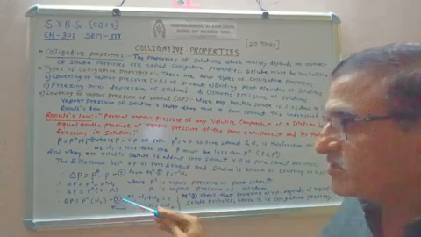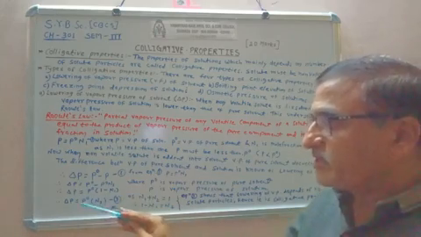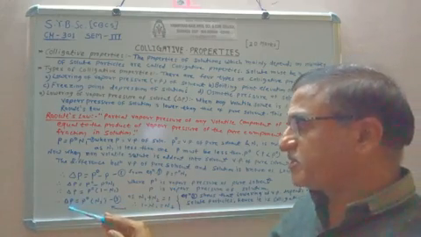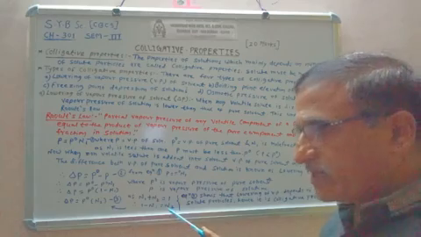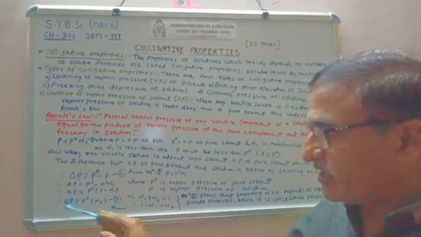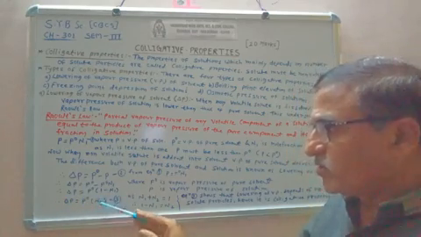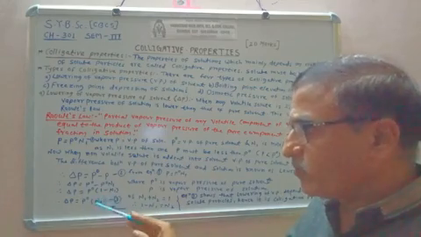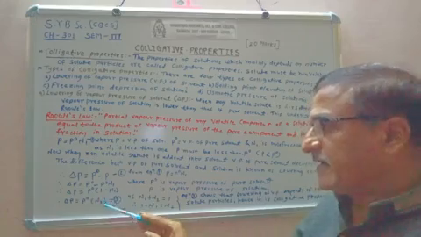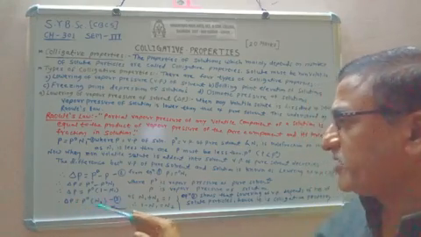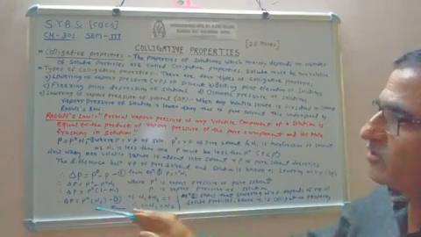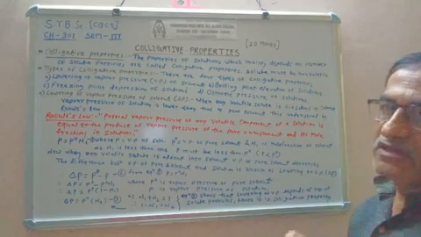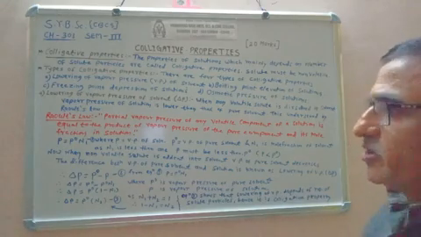So from equation 3 it is clear that delta P, that is the lowering in vapor pressure, depends on the number of solute particles, because in the equation delta P = P0 × N2, N2 is the number of solute particles or mole fraction of solute particles. Hence the lowering in vapor pressure depends on the number of solute particles, so it is a colligative property.